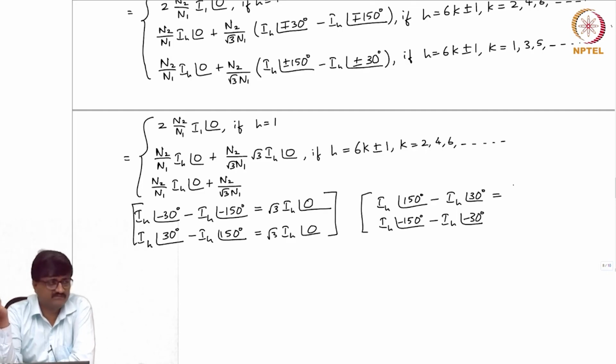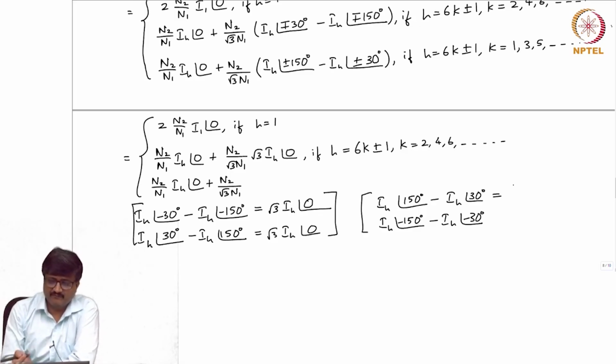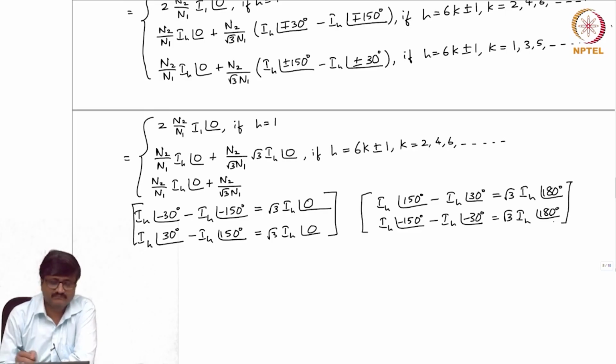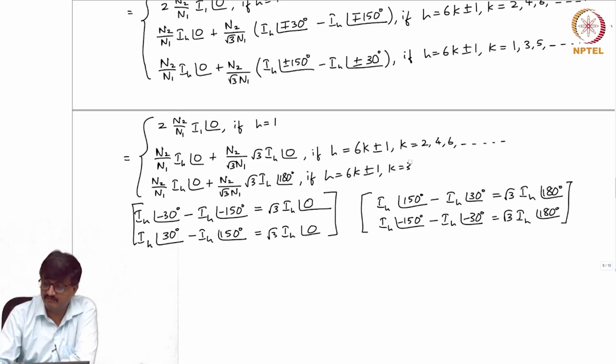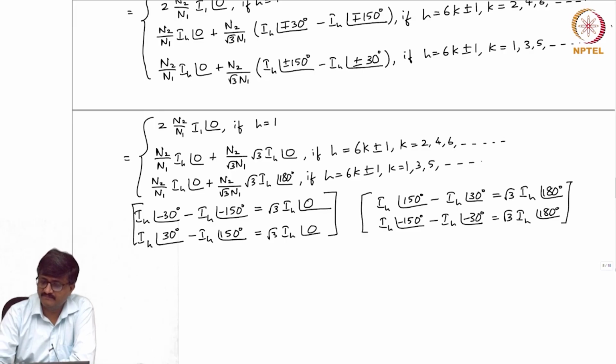So what do we get finally? In both cases it is root 3, 180. So, root 3 IH at an angle 180. So, this is if H is equal to 6k plus minus 1, k is 1, 3, 5, and so on.